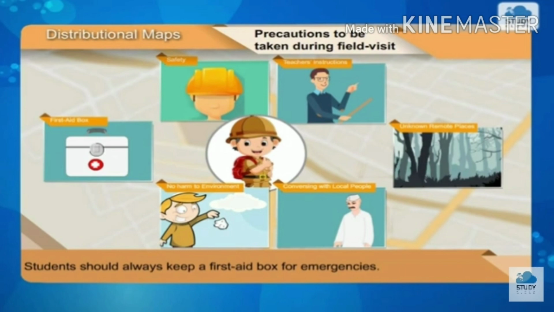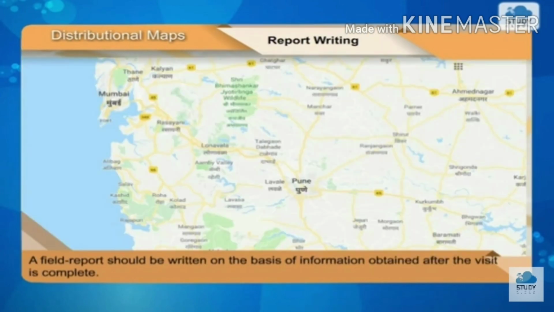During field visit, you should try to understand the local circumstances by conversing with the people. You should also ensure that you do not harm the environment in any way during your field visit. You should always keep a first aid box with you for emergency circumstances.